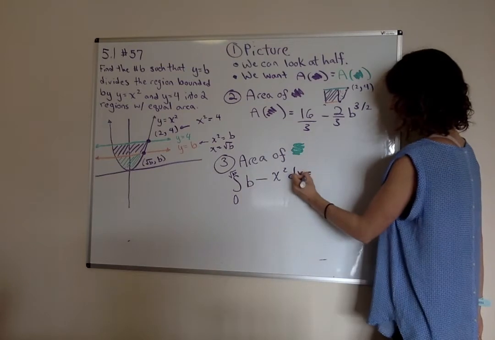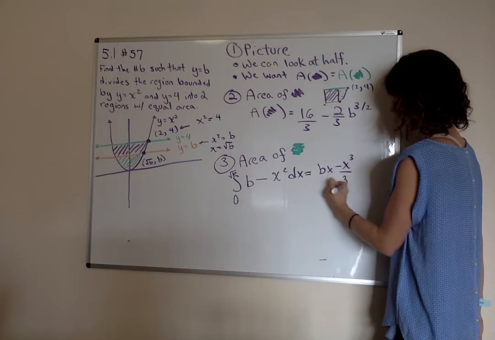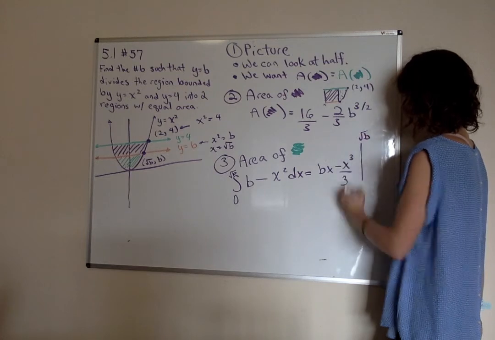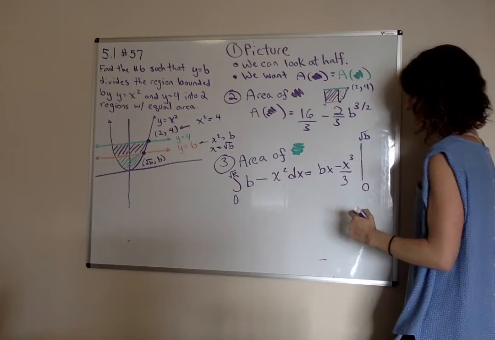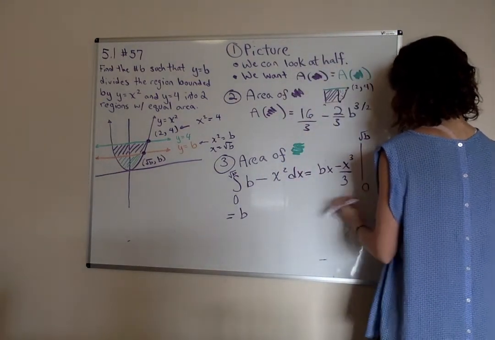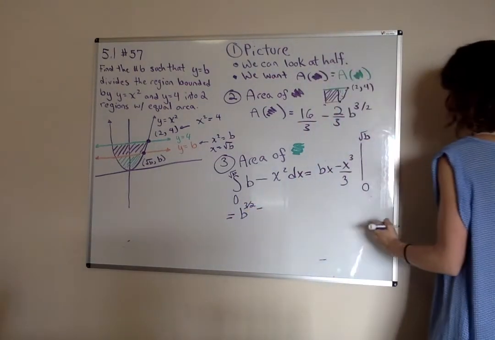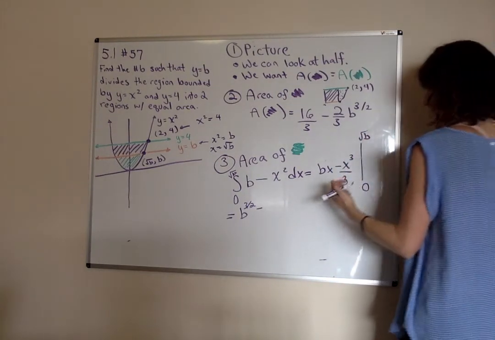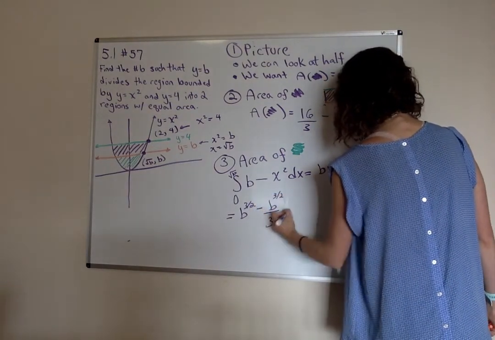Integrating this, I get bx minus x cubed over 3. Now I'm going to evaluate this at the square root of b, evaluate at 0, and then subtract. Evaluating at the square root of b, I get b times the square root of b, that's b to the 3 halves, minus square root of b cubed, which is b to the 3 halves, over 3.